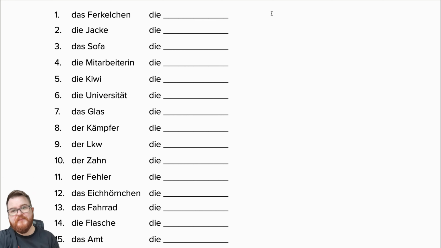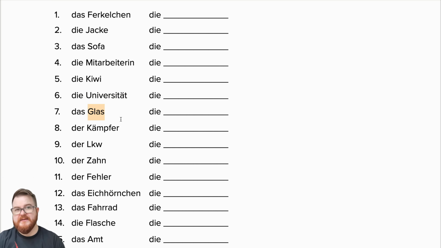Die Jacke is a jacket. Das Sofa is a sofa. Die Mitarbeiterin is a colleague. Die Kiwi is a kiwi, the fruit. Die Universität is a university or college.